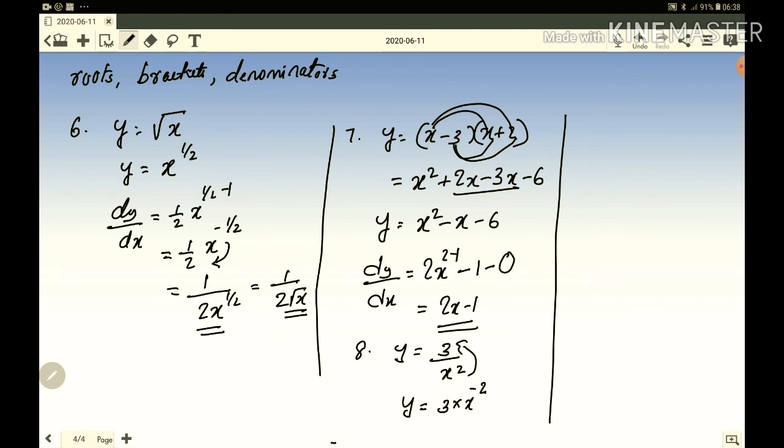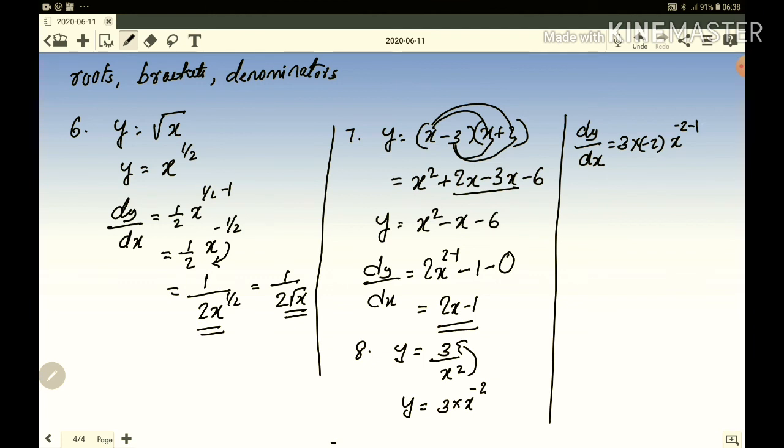So I'm going to differentiate. That is y becomes dy by dx. Then 3 times x, what is the power? Minus 2. Then use a bracket. That is always good, using a bracket when you write a minus number. Then x to the power minus 2 minus 1, x to the power minus 3, isn't it?